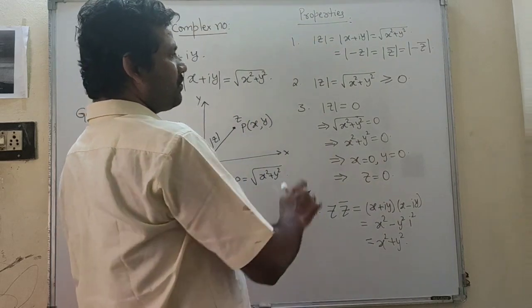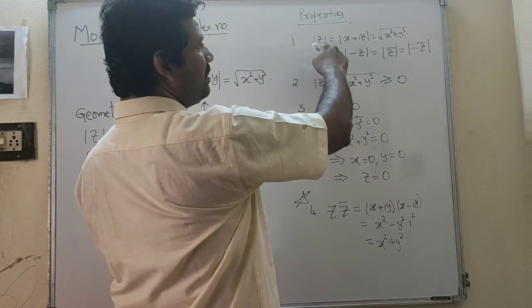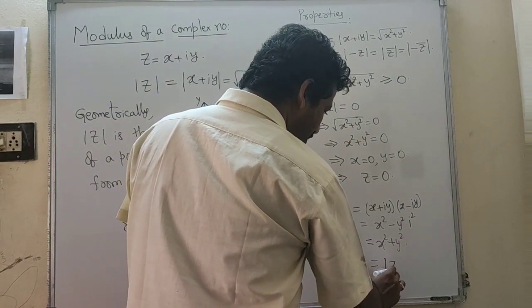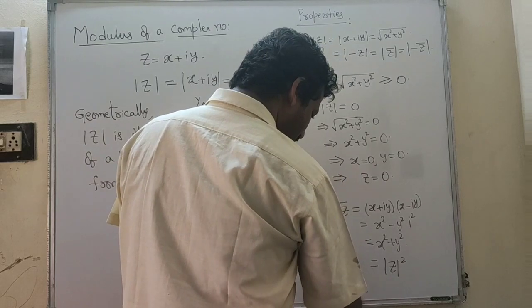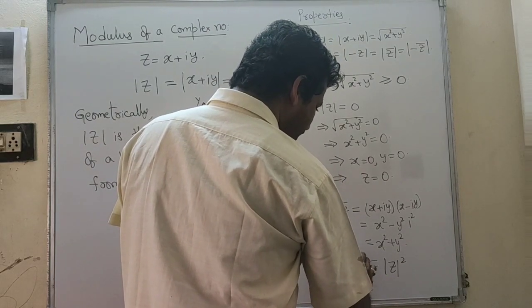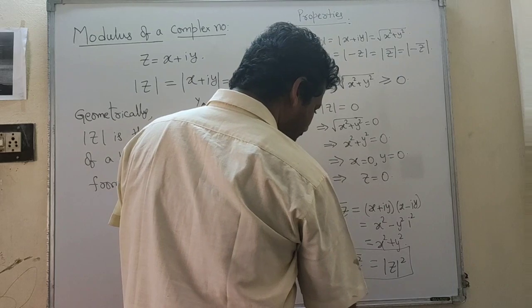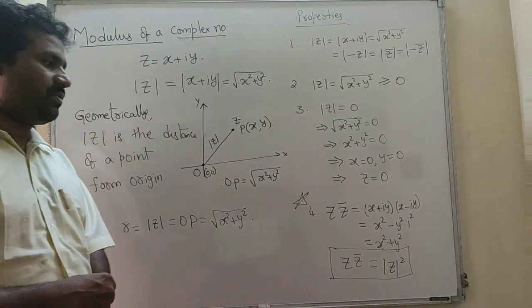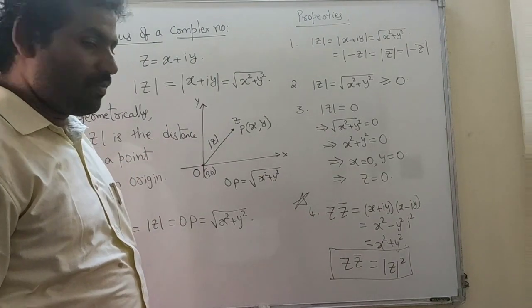What is x square plus y square? Mod z, squared. So z z bar is equal to mod z square. So whenever mod z square is there, we can take it as z z bar. Okay.